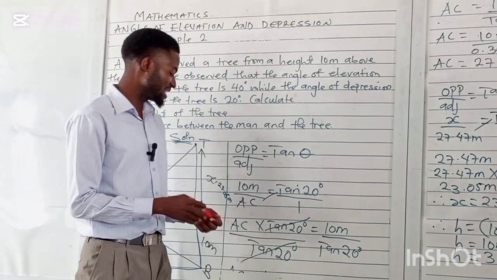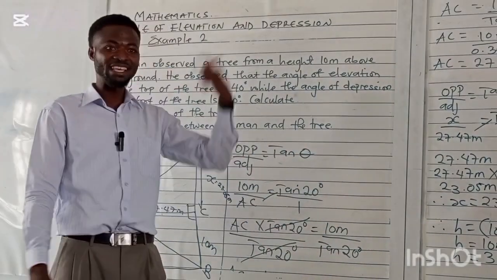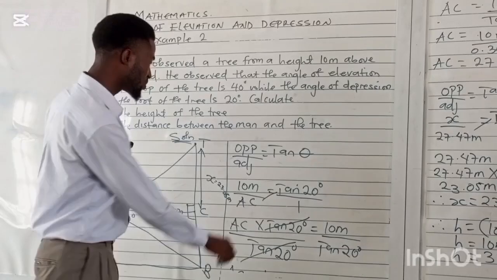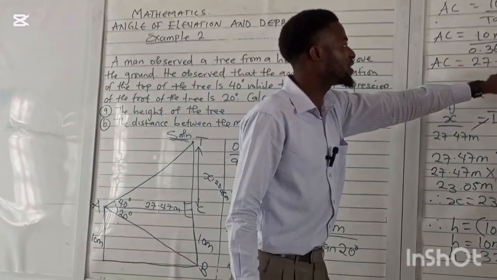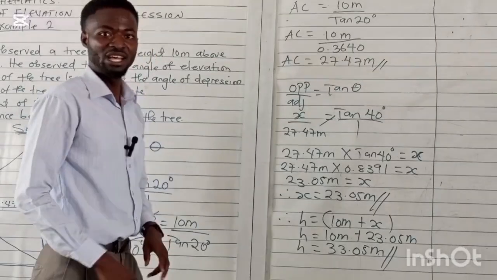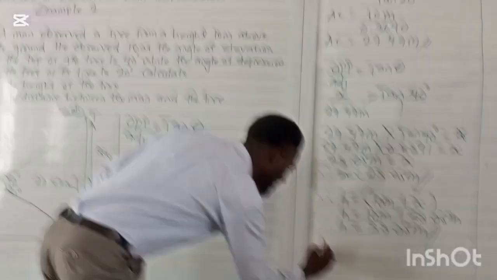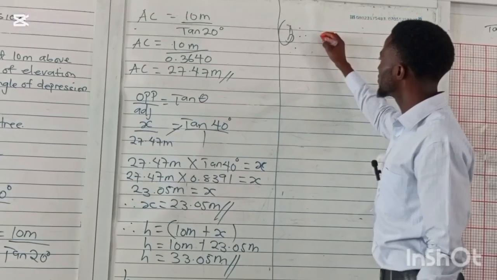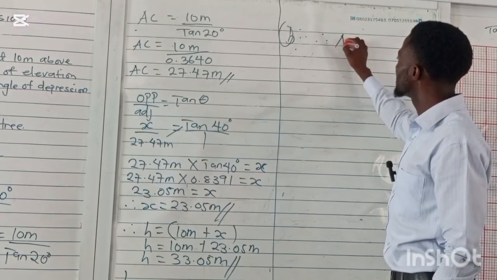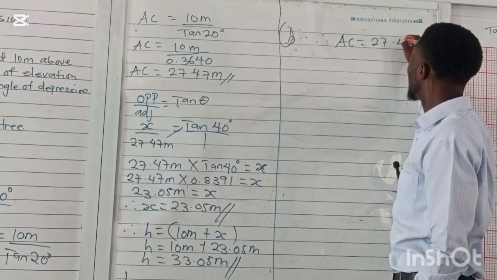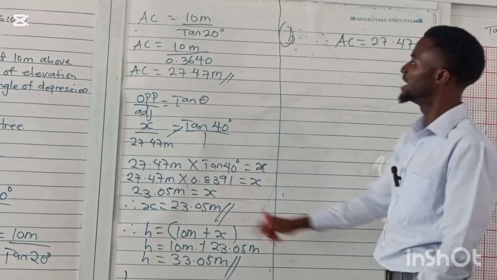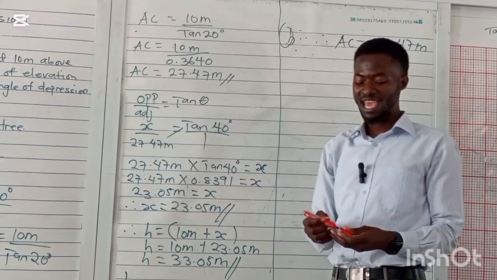But if you look at this clearly, we have already solved AC earlier, in which we arrived at 27.47 meter. So therefore, AC is equal to 27.47 meter, because we have already solved it earlier.